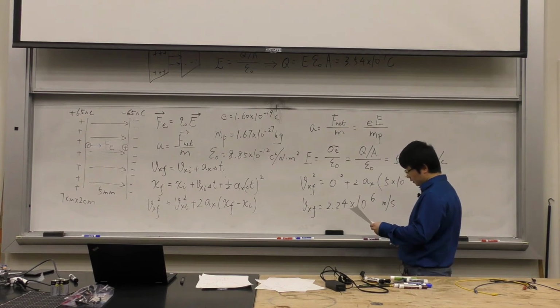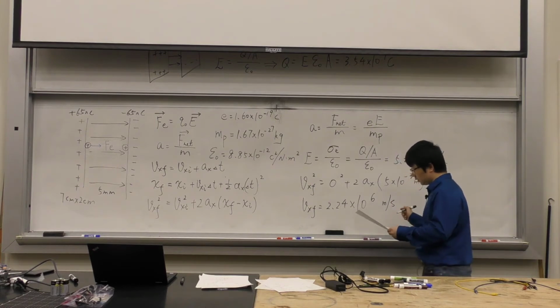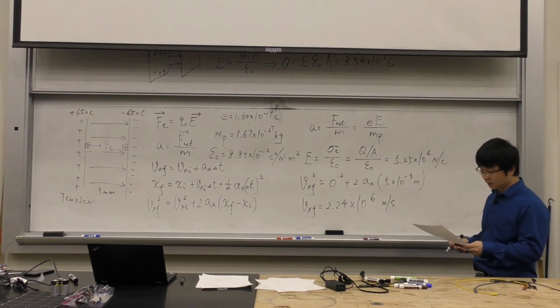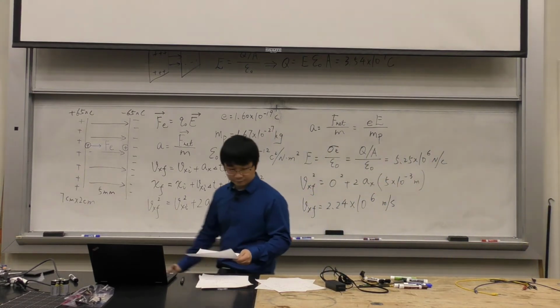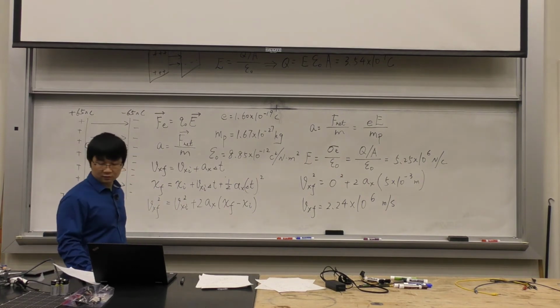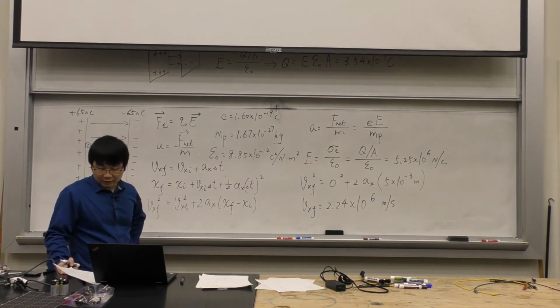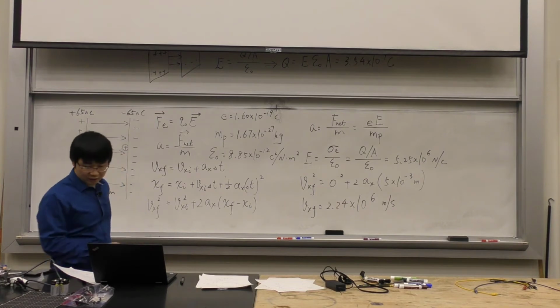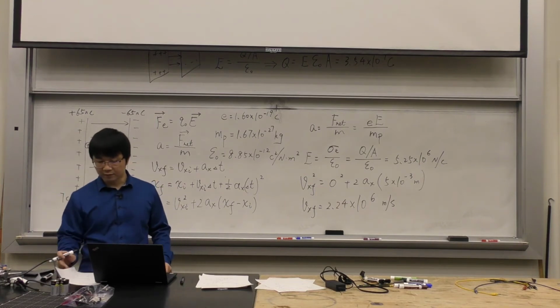All right, so this is the velocity of this proton when it reaches the negative plate. Okay, so it's still Newton's second law and the kinematic equations.